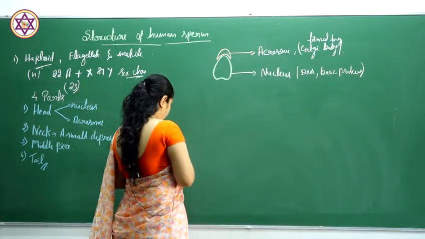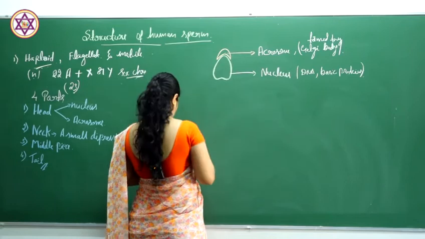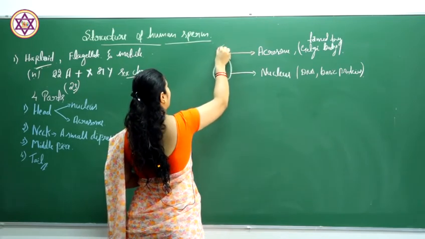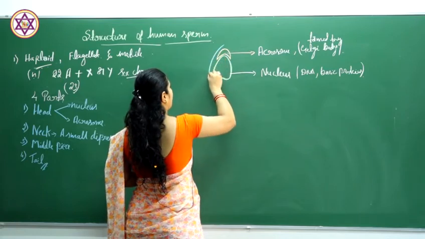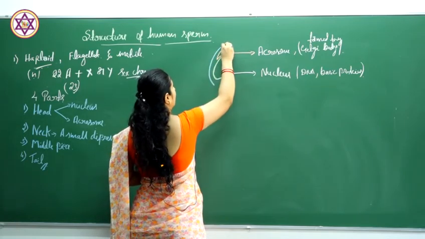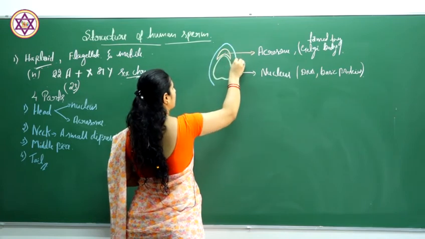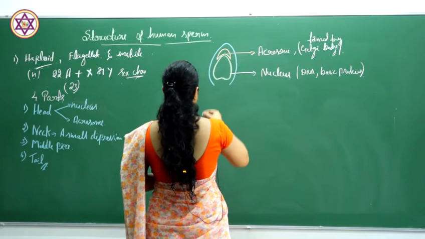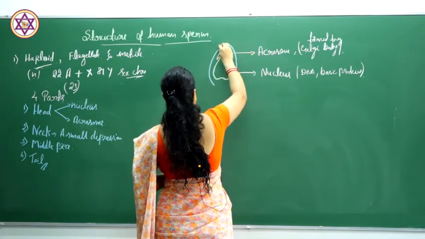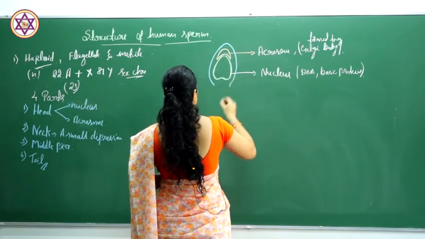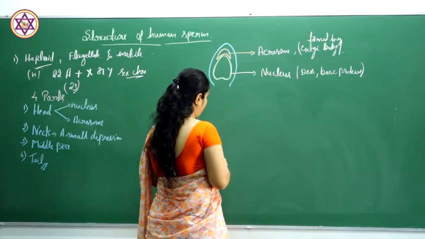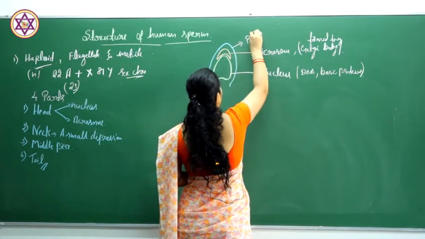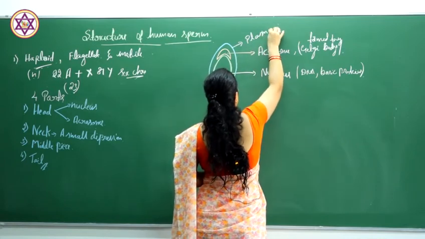These two structures are surrounded by the outermost covering, the outermost membrane, known as the plasma membrane.